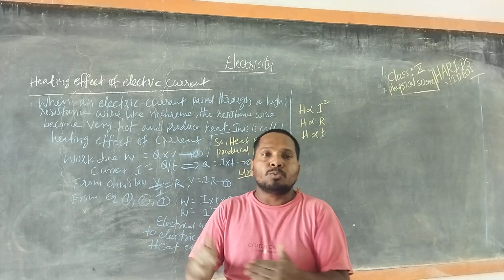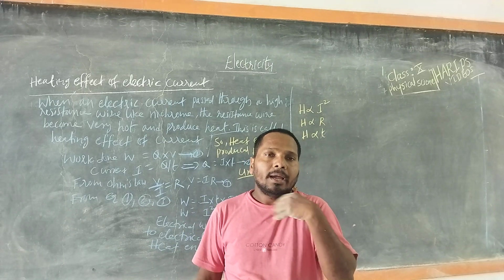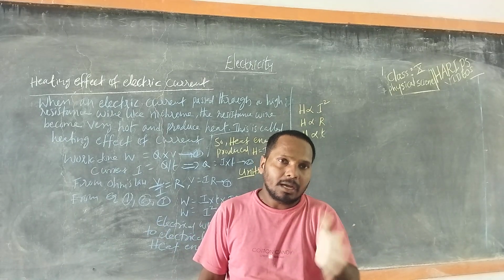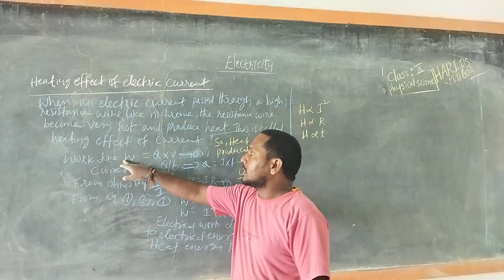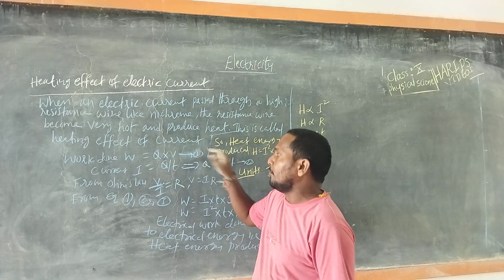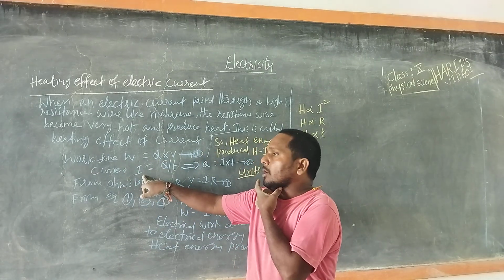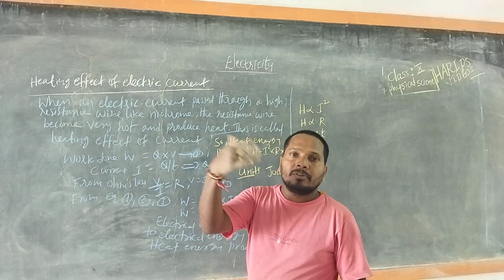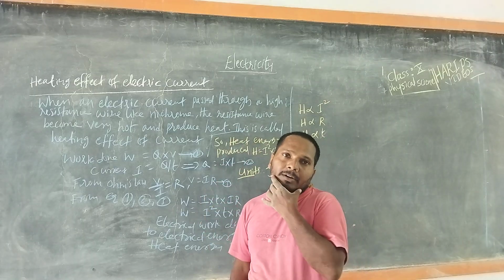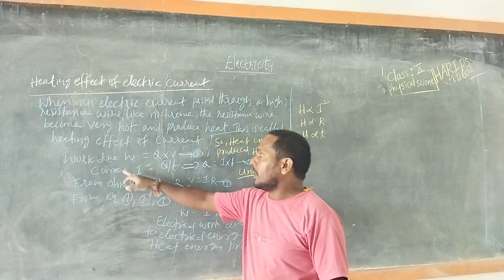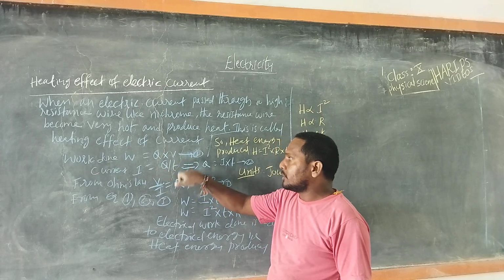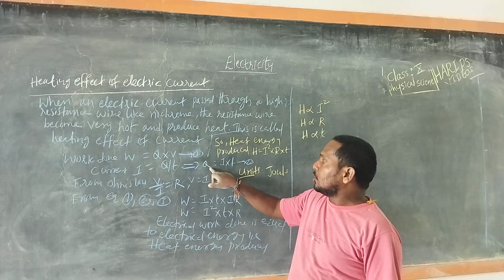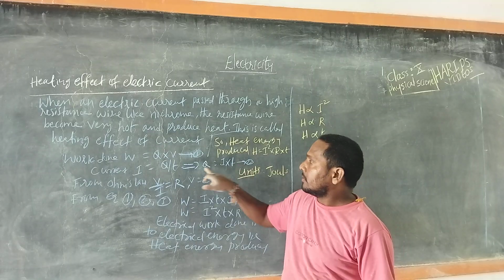The work done to move electric charges from one point to another is called the potential difference. So work done W is equal to Q into V. As we know, current is the amount of electric charge transferred in one second, so current I is equal to Q by T. From this, you can write Q is equal to I into T.